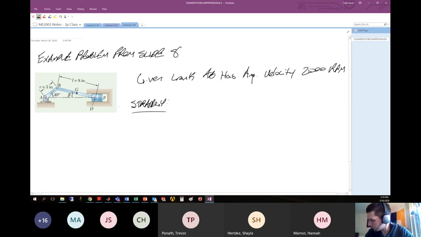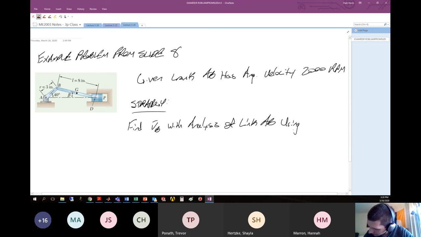So we'll find the velocity at point B with analysis of link AB using the equation that you're going to be sick of by the end of this class, which is that the velocity of B is equal to the velocity of A plus the angular velocity of this crank AB crossed with the position vector locating B from A. Right?